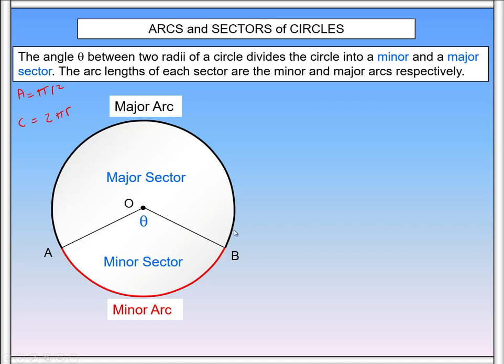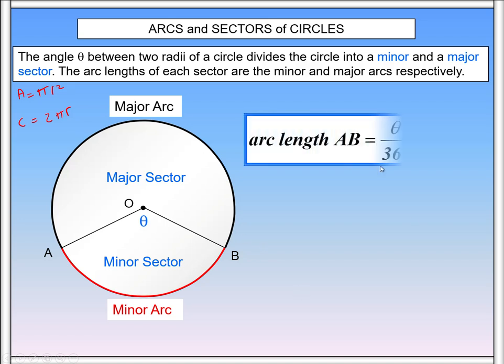Now the length of the whole circumference is 2 pi r, but just this sector here is a fraction of the whole circle. And that fraction, the whole circle is 360 degrees. We only want to find theta. So we're going to use theta divided by 360 times 2 pi r. And that's the length of our arc AB.